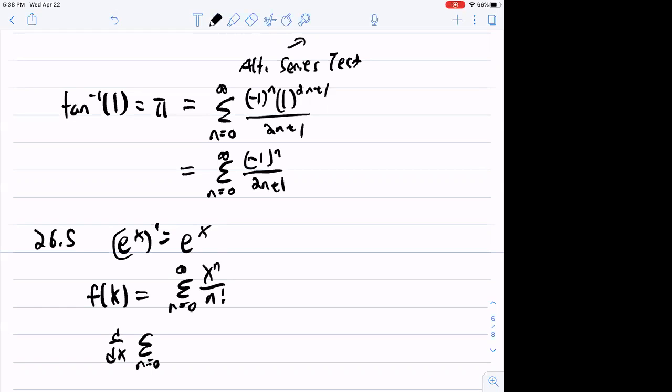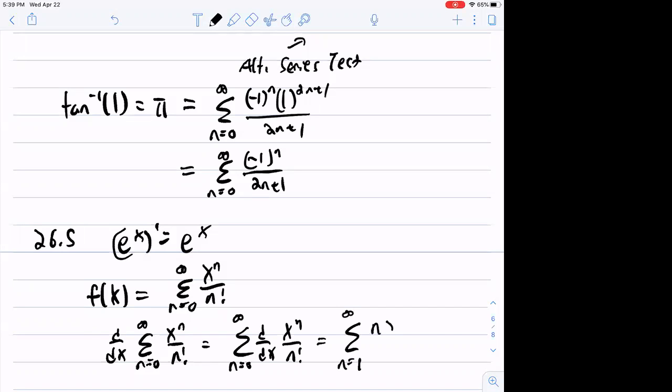So let's do it. I could just bring the derivative inside, and I don't need to write what the radius is because it's true for everything, since the radius of convergence is infinity. There's a constant term at n equals 0, which goes to 0, and then we have n x to the n minus 1 over n factorial.